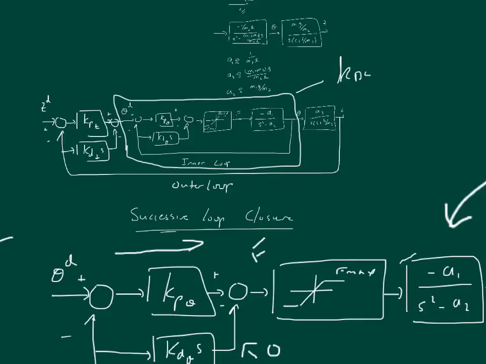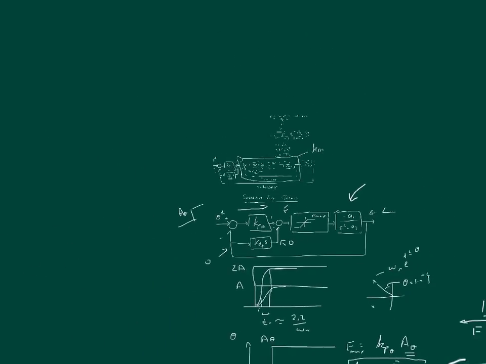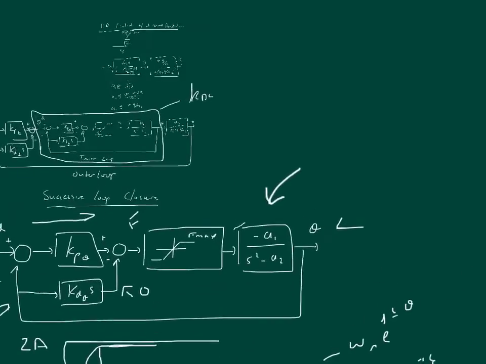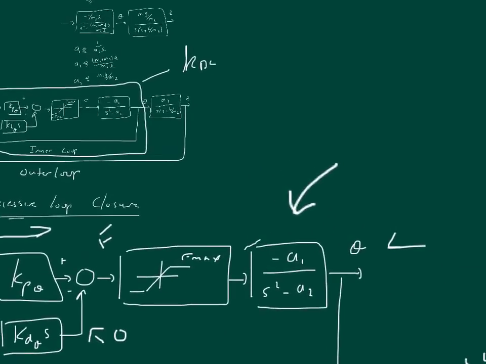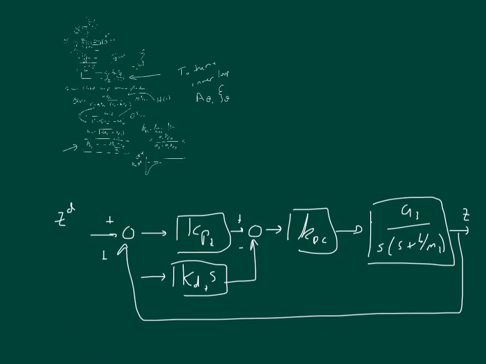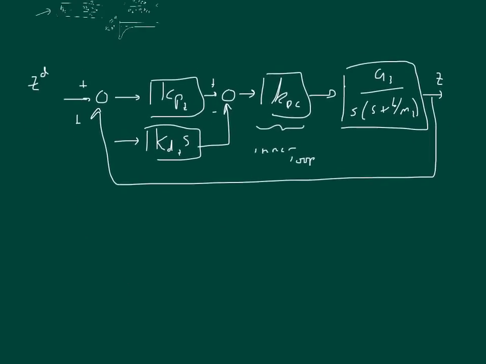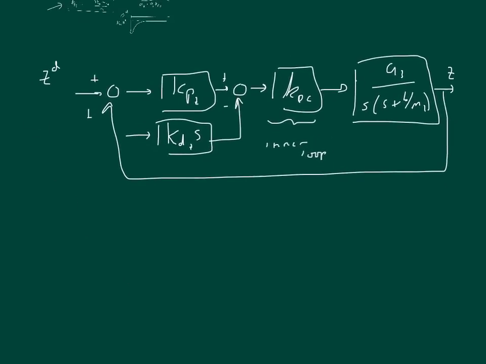Okay, so I have redrawn the outer loop system where I've replaced the inner loop with its DC gain. And this allows me now to be back to designing a second order system where PD control is a technique that makes sense.